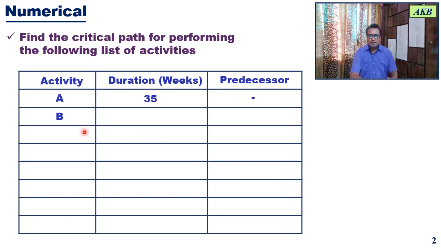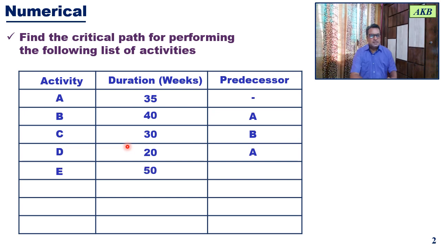Then you have activity B, which is going to proceed for 40 weeks, and the predecessor activity to this is activity A. Then you have activity C. The duration for this activity is 30 weeks, and the predecessor activity is activity B. Then you have activity D. Duration is 20 weeks. Predecessor activity is A.